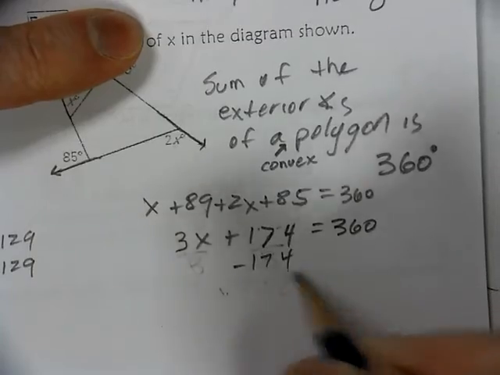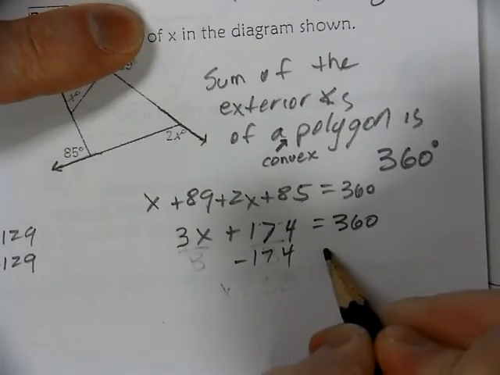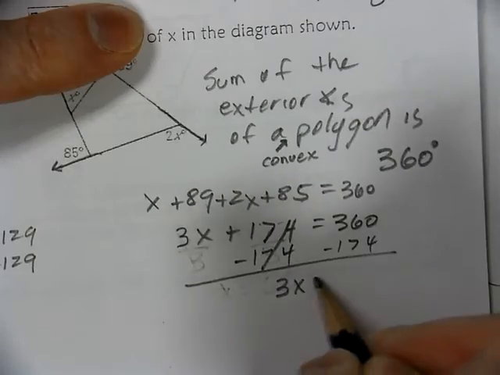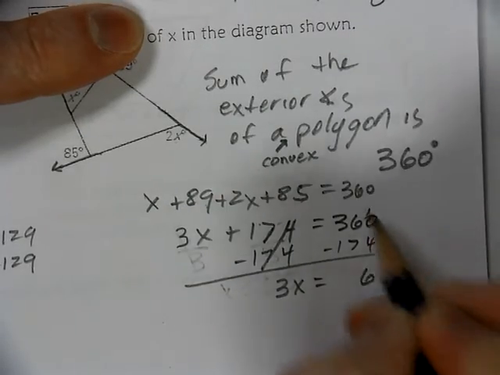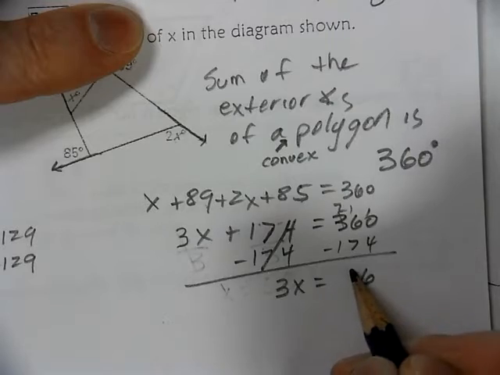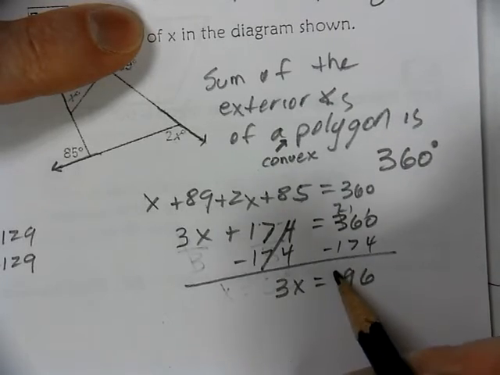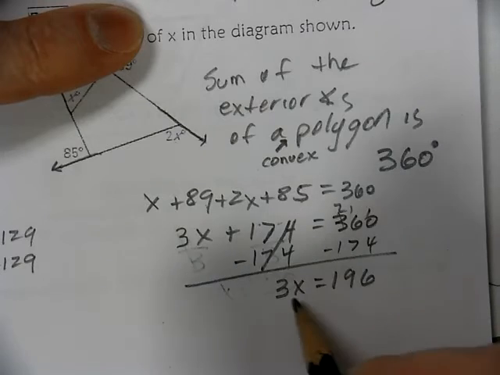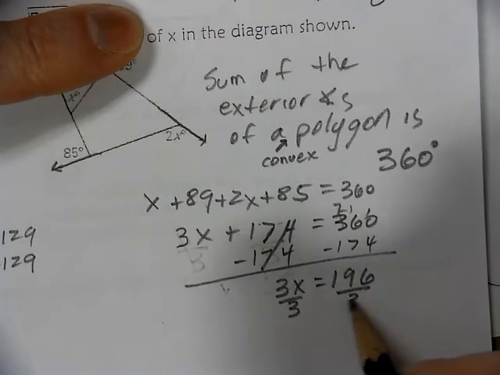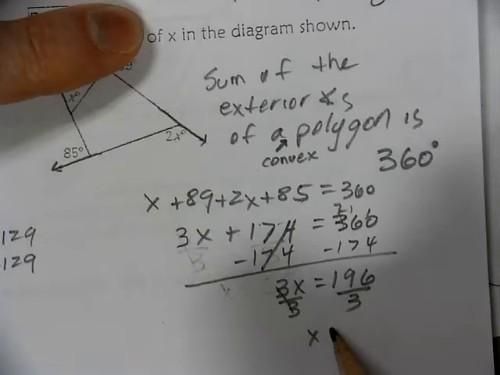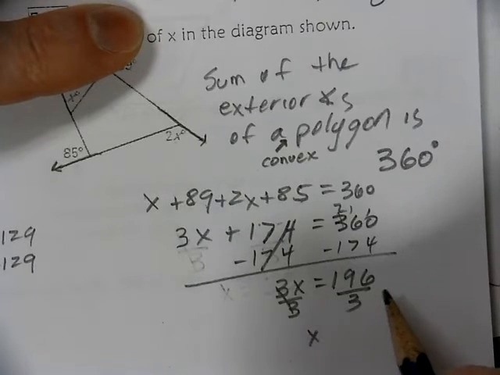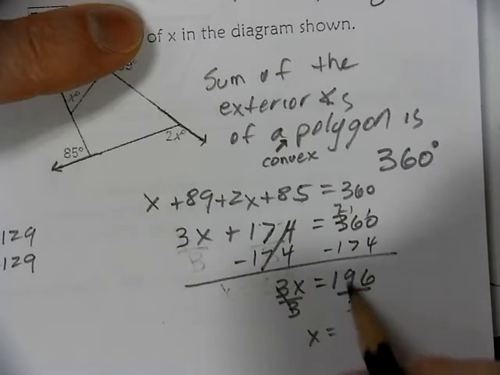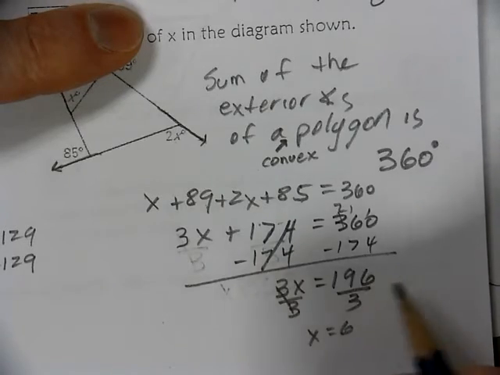So now we subtract 174. We get our 6, carry it over. Alright, so now we divide by 3. And 3 goes into 19 6 times, with 1 left over.